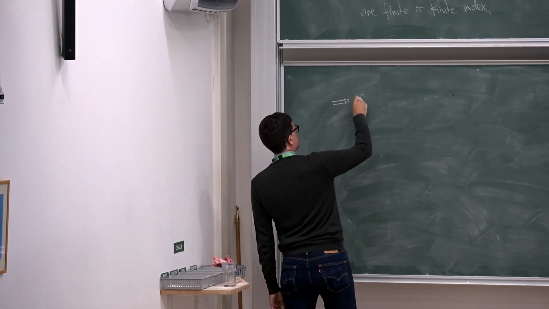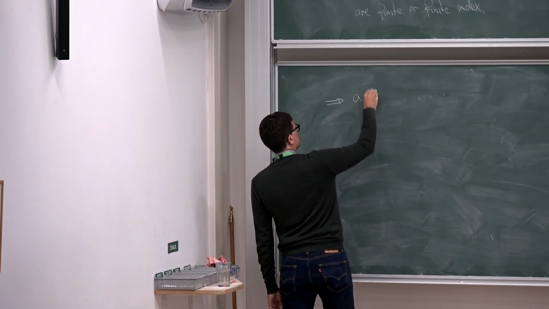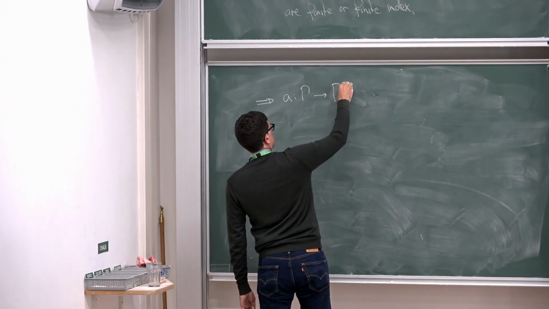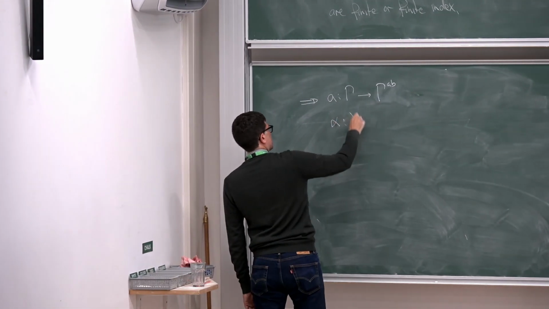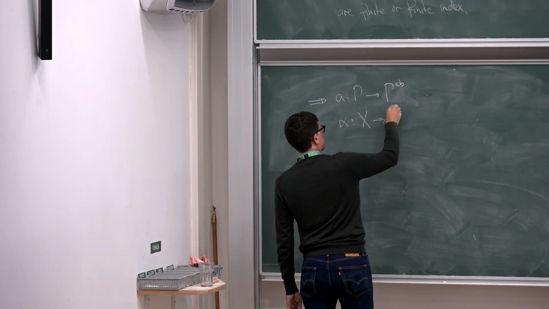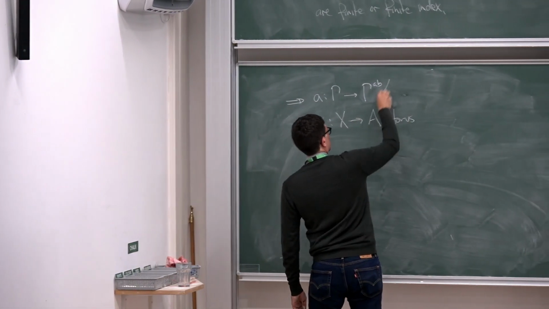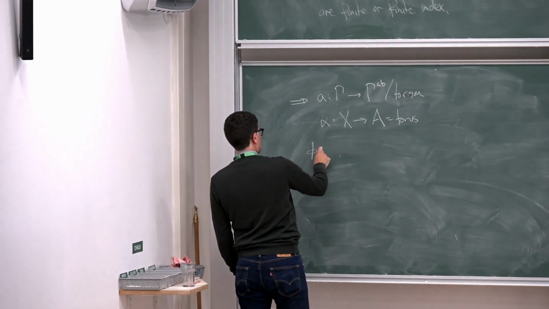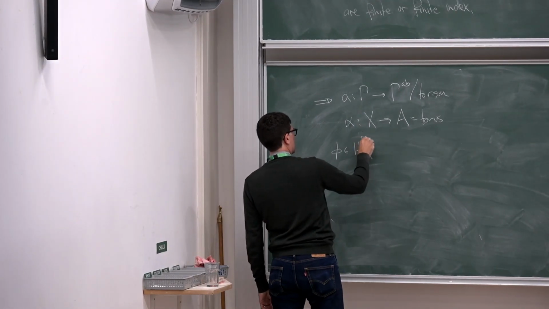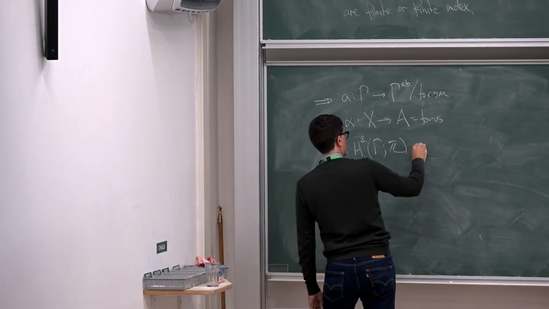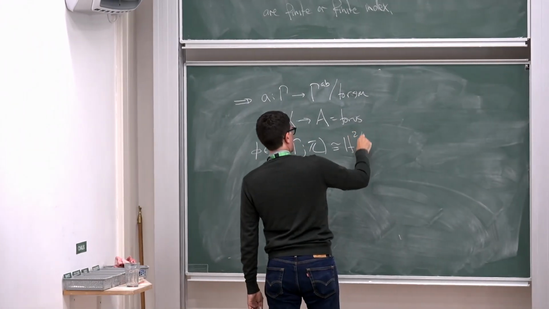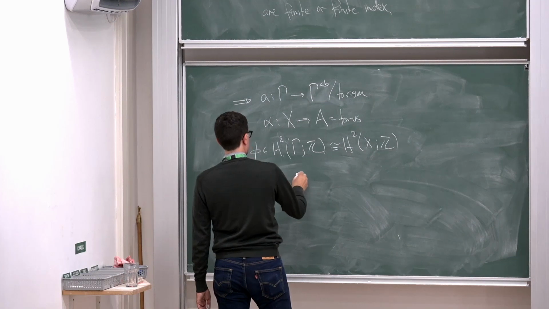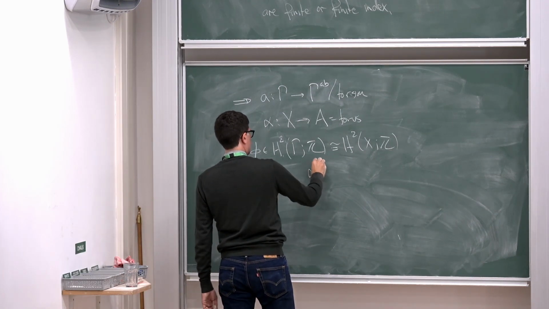So there's a map just from... right, so I'm thinking about my space mapping to some torus. So this class is in the pullback in alpha star.